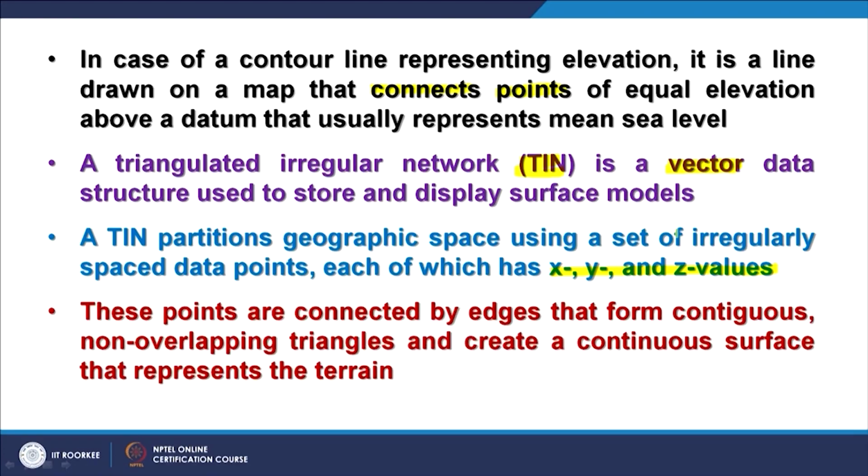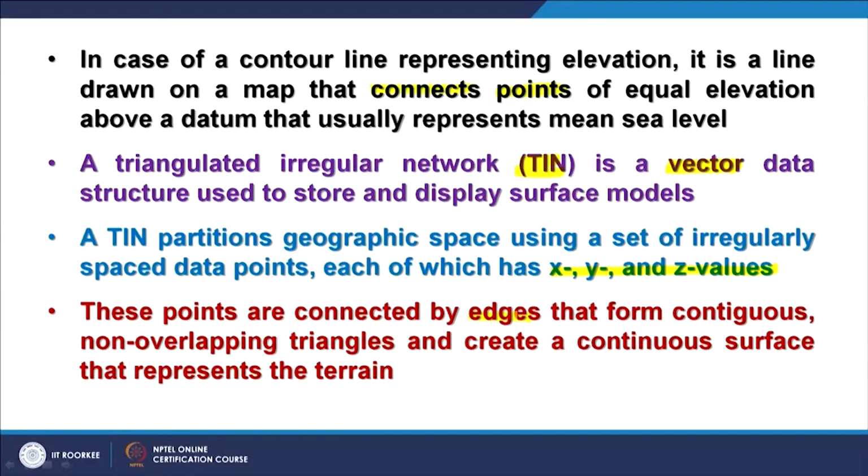Now, the same point data can be used for generating a digital elevation model, a typical raster surface, or the same points can also be used to generate a TIN. When we see the demonstration, at that time we will see these two ways of generating digital elevation models using the same points.